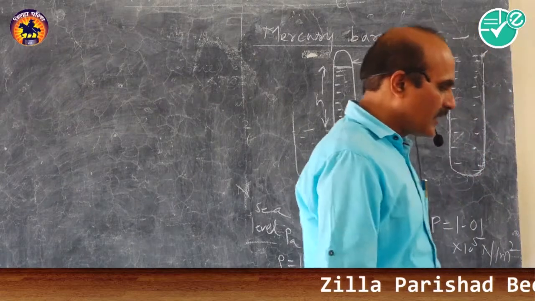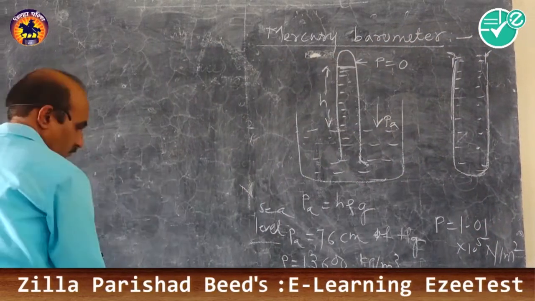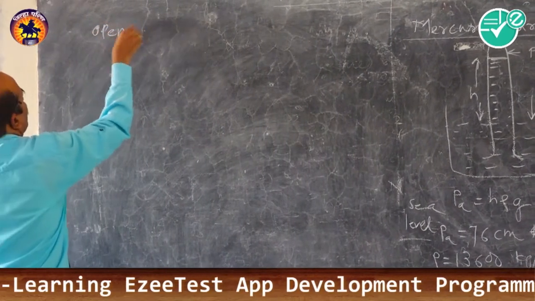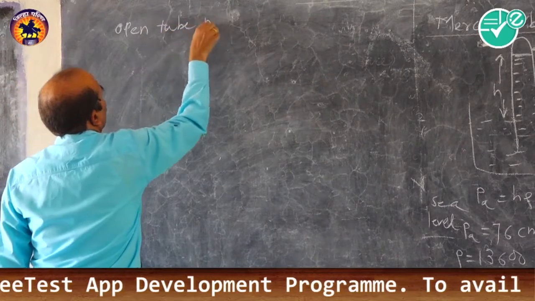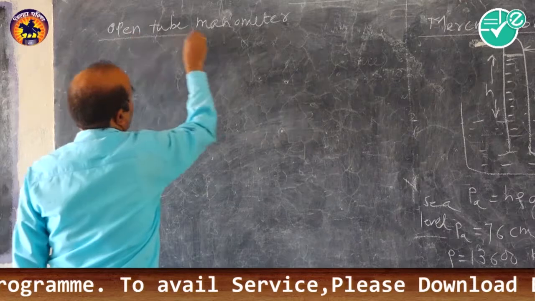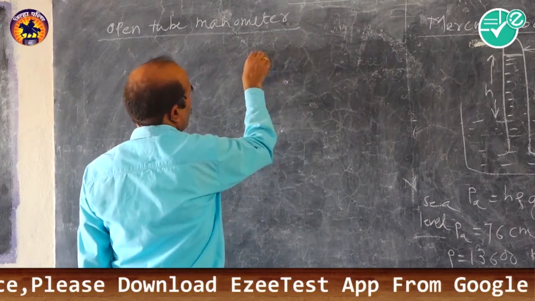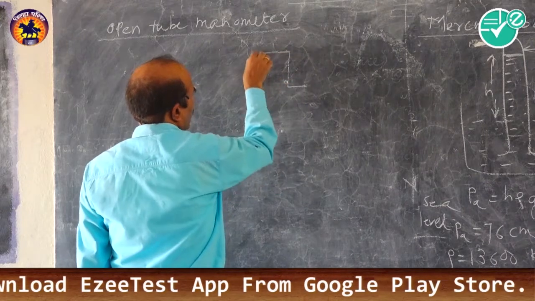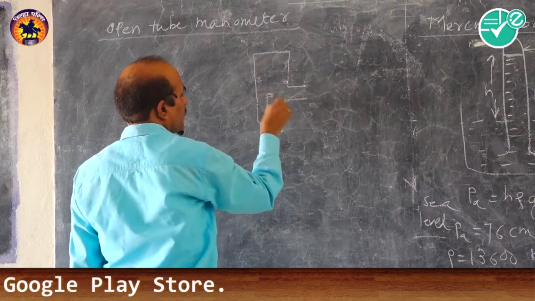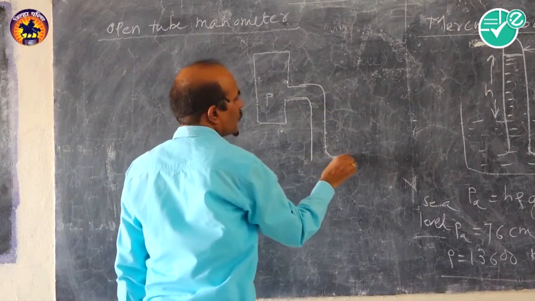Now there is another device, that is the open tube manometer. First I can draw the figure for it. It consists of one vessel, and the gas or fluid whose pressure we want to determine is filled in it, and it is connected to a U tube like this.